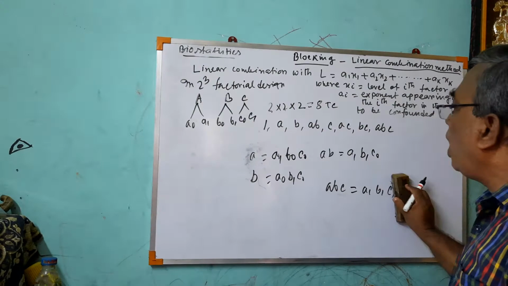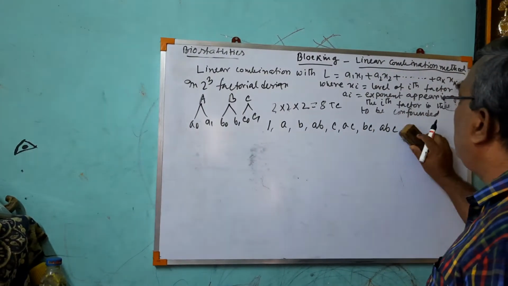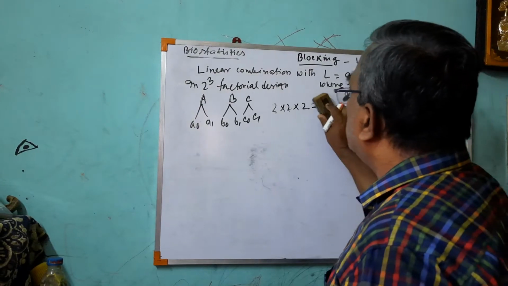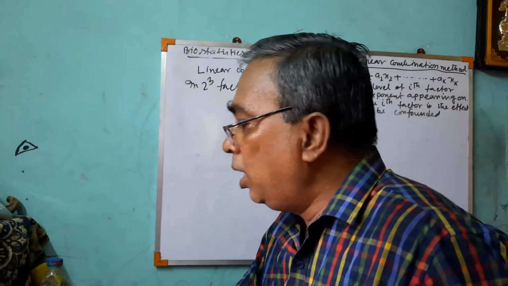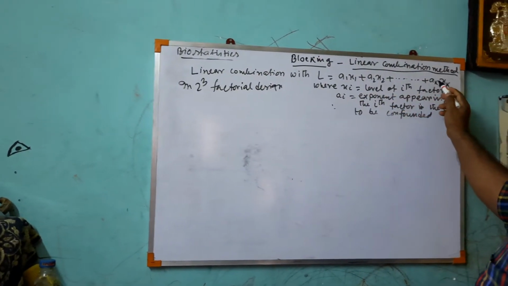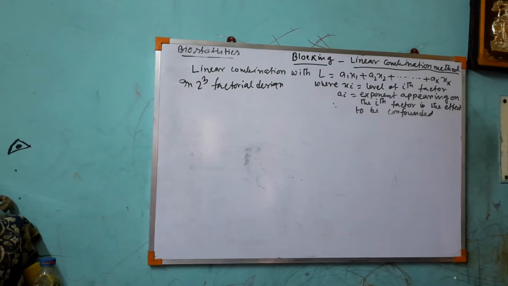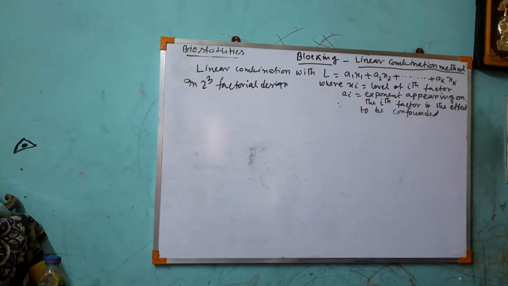Now I am arranging these 8 treatment combinations into 2 blocks by the linear combination method, that is, a1x1 plus a2x2 plus up to akxk. There are k factors. Xi is the level of the ith factor.